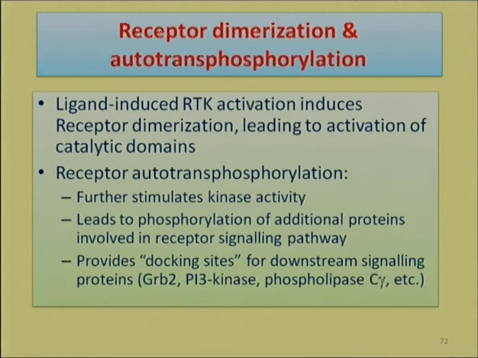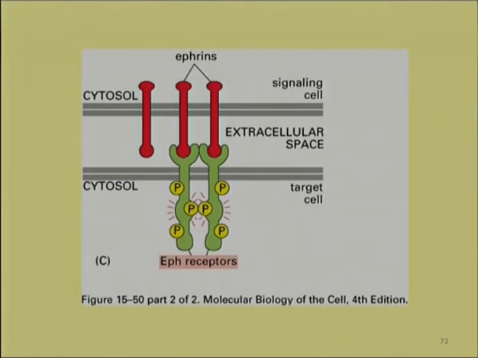and then it will autotransphosphorylate each other. This is a typical example diagram of a particular signaling pathway that is brought about by RTK. You can see these two green receptors dimerize and then transphosphorylate each other. Then they will activate a particular kind of signaling molecules called RAS and RAF.